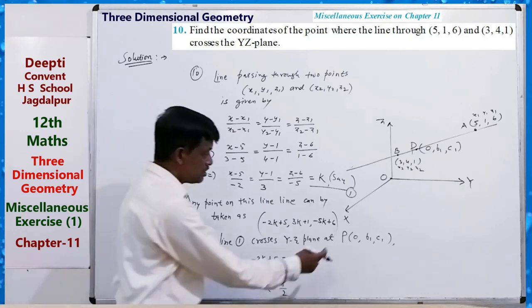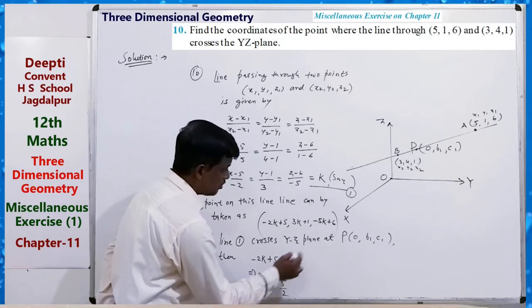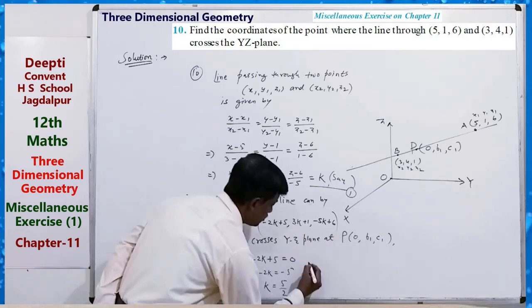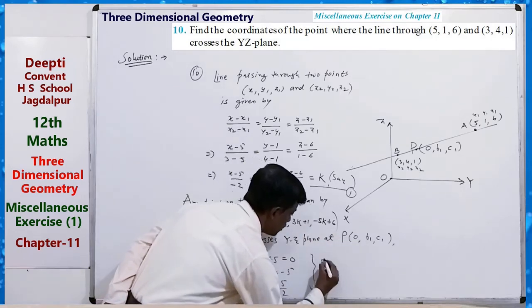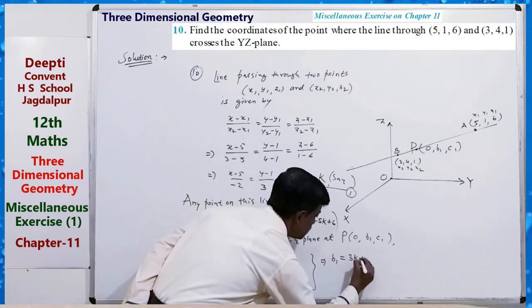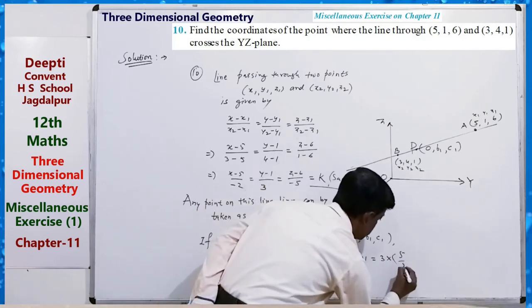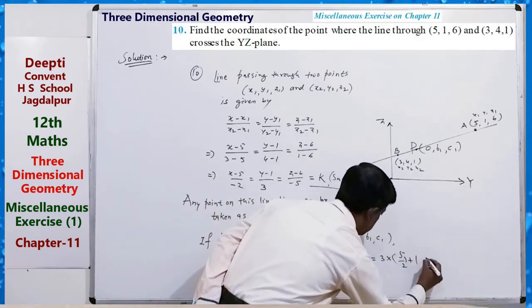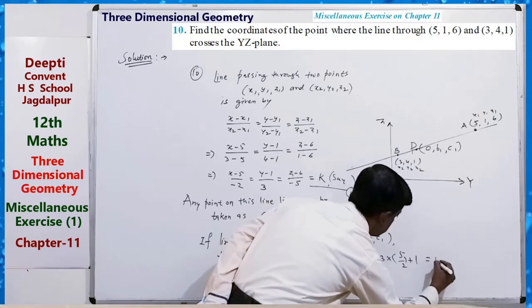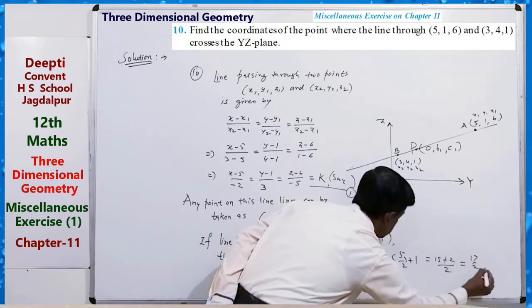Now the first coordinate is 0. We require b1 and c1. b1 equals 3k plus 1, which is 3 into 5 by 2 plus 1, means 15 plus 2 by 2, 17 by 2.